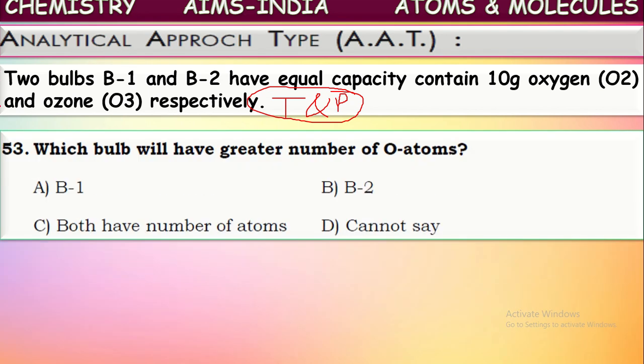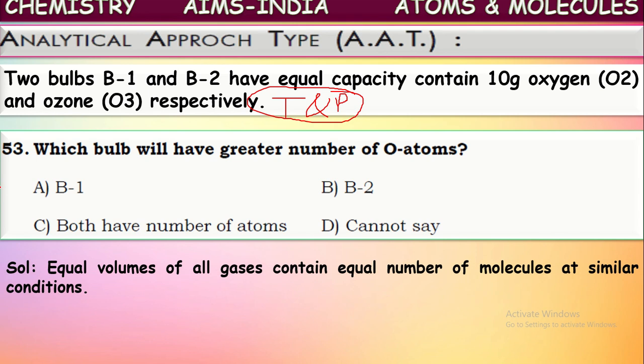Which bulb will have greater number of oxygen atoms? See, both the gases given here are made up of the same kind of atoms, of course, oxygen and ozone, isn't it? Now they're asking which one will have more number of oxygen atoms, either bulb B1 or bulb B2. We know equal volumes of all gases contain equal number of molecules at similar conditions.